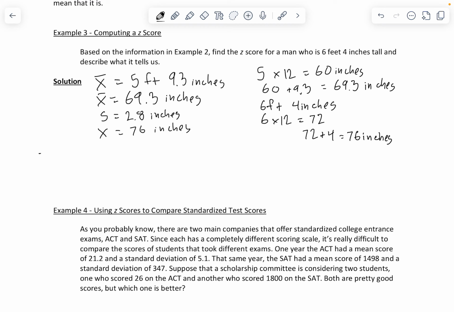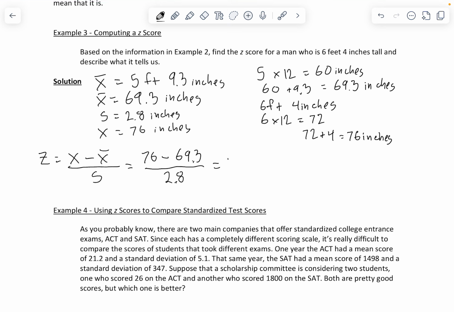So my z-score is x minus x bar over s. My value of x is 76 inches. My value of x bar is 69.3 inches. And my standard deviation was 2.8 inches.